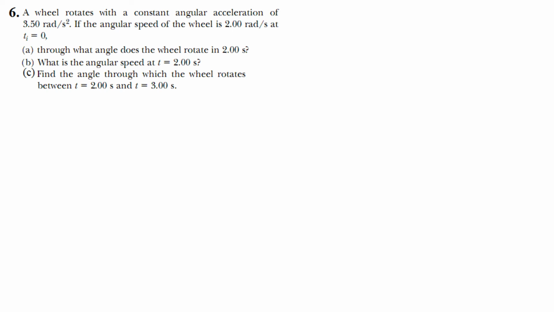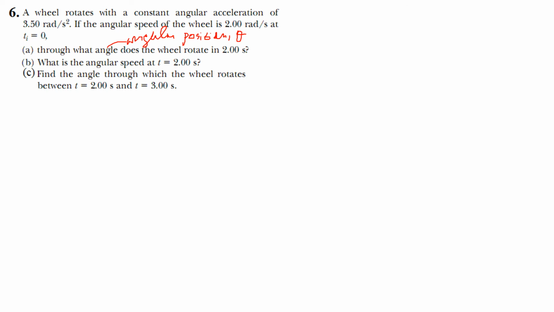Statement: a wheel rotates with a constant angular acceleration of 3.5 radian per second squared. This is the angular acceleration. If the angular speed of the wheel is 2 radian per second when the time t is equal to 0, we are asked through what angle. This angle means angular position, denoted by theta, when the time t is equal to 2 seconds.